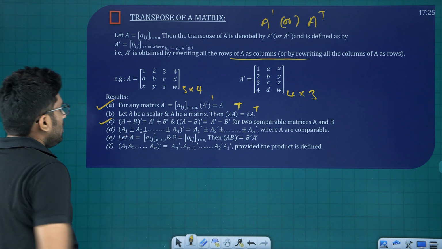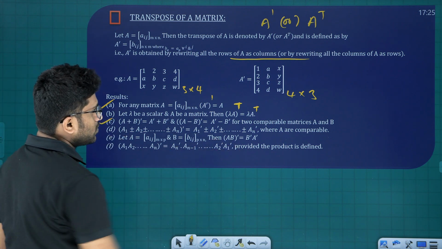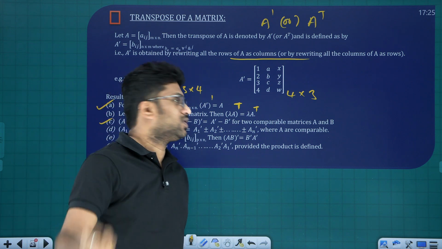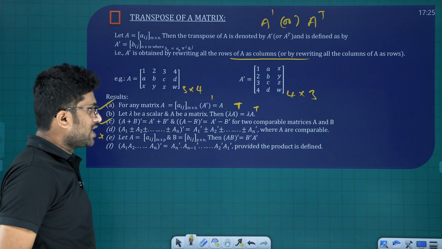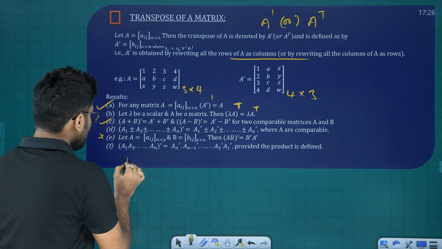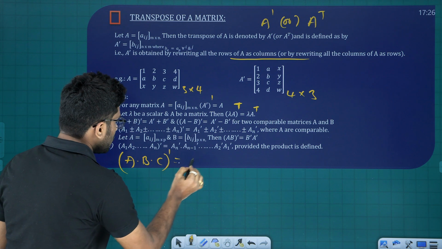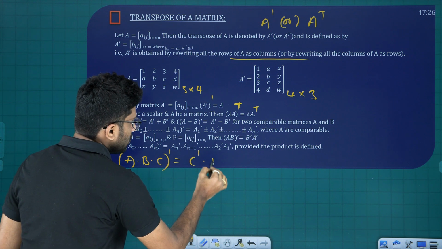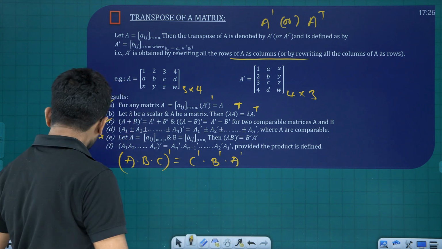Next, for multiplication it will be reversed, that is (A into B) transpose will be equal to B transpose into A transpose, friends. This can be extended to any number of matrix multiplications. Suppose I have (A into B into C) transpose, this is C transpose into B transpose into A transpose.